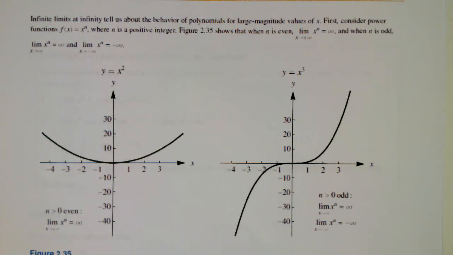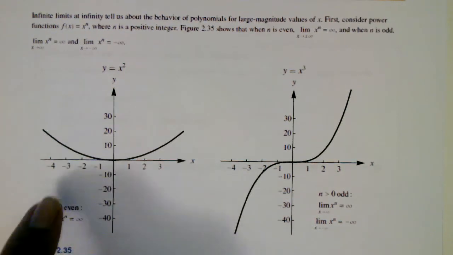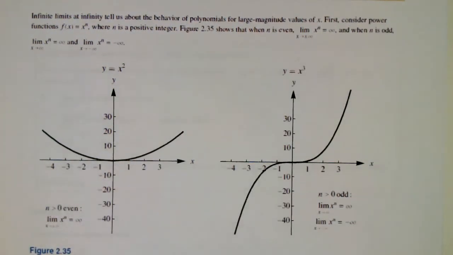And the limit as x approaches plus or minus infinity of x to the n equals infinity. That's just both plus or minus for an even function. Now for an odd function, what's going to happen here is this: the limit as x approaches positive infinity of x to the n goes to positive infinity, and the limit as x approaches negative infinity of x to the n goes to negative infinity.